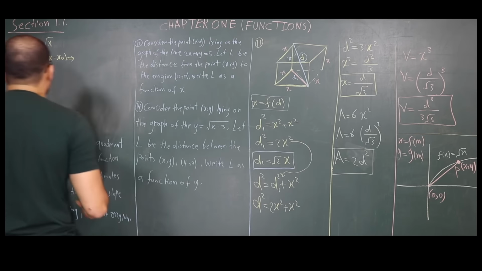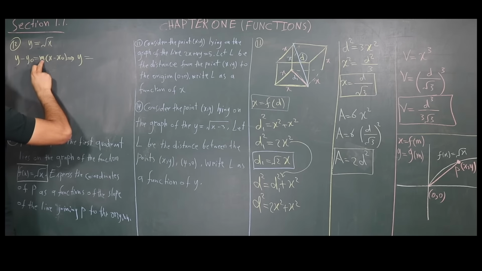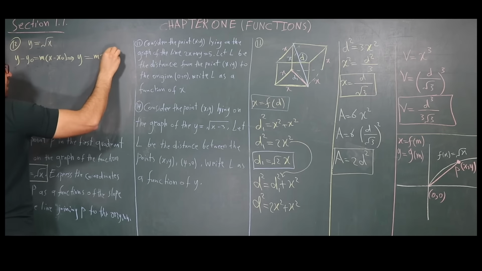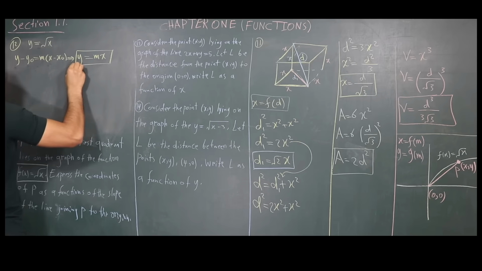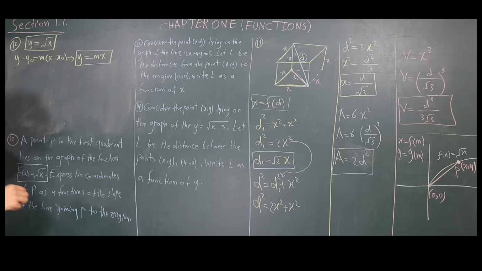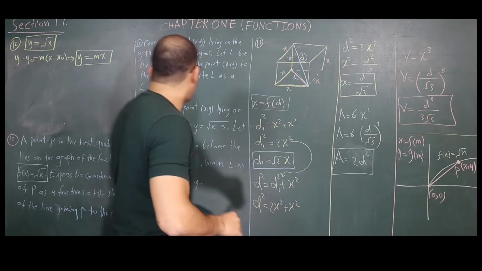I'm going to take 0 because that will make the problem easier. So y minus 0 is y, equals m times x minus 0, which is mx. So we have this relation, and we have this relation.